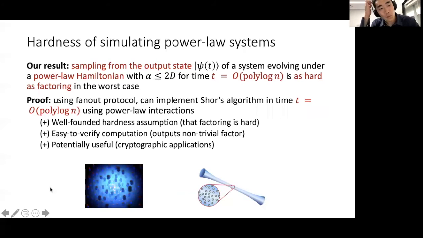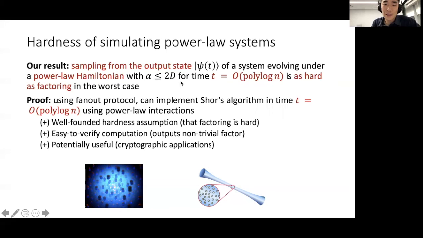One way of potentially having a more well-founded assumption on which to base your claims of computational advantage is that of sampling from the output state of a system evolving under a sufficiently strong power law interaction Hamiltonian. Specifically, that which is shown here with power law less than 2D.